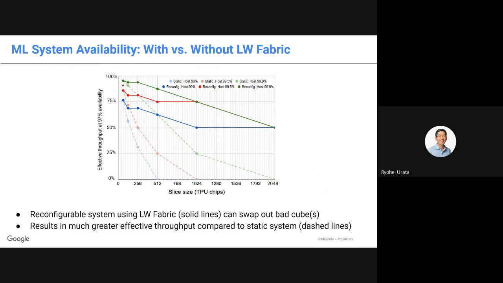With the flexibility of the Lightwave fabric, you can see larger slices can be guaranteed with reasonable sparing, because you're just picking out the blocks that are working from the entire pool available. Versus with a static system, in the dashed lines, you cannot. So the bottom line is you can reliably build these larger slice size systems, whereas in a static system, you can't.